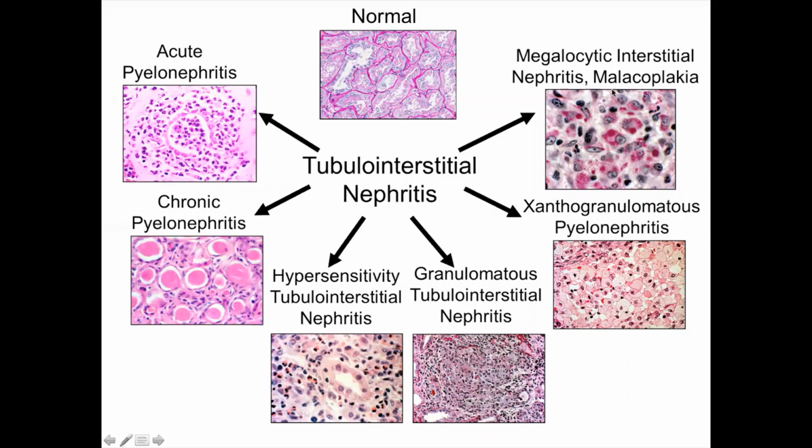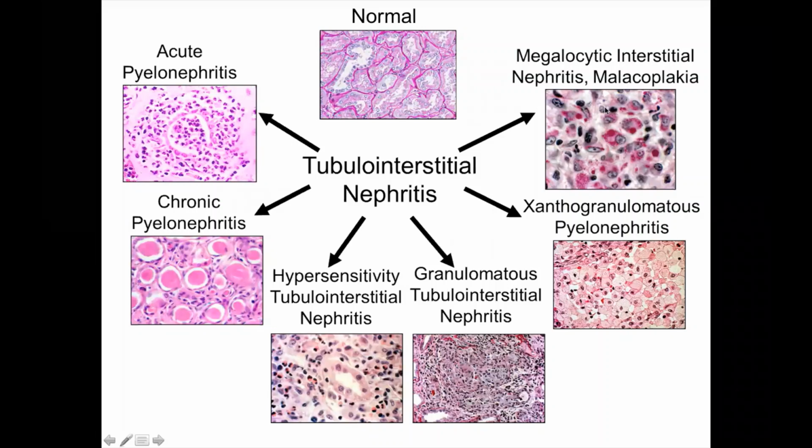Rarely we can have malakoplakia, which, as you guys know, happens most often in the bladder, okay, and this is due to the inability of the histiocytes or macrophages to digest bacteria, and we get Michaelis-Gutmann bodies, because there is a defect in the ability of the macrophage to digest the bacteria.